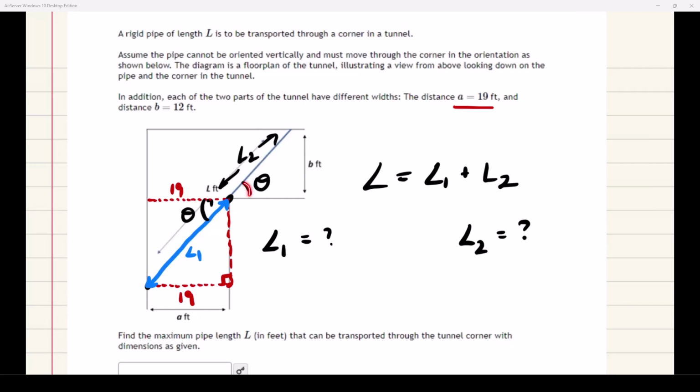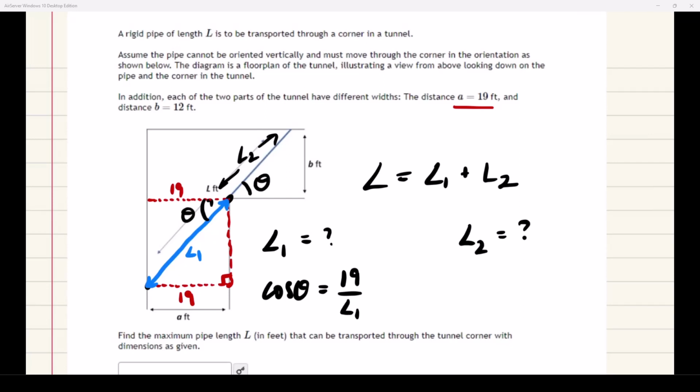Now this angle, those are vertical angles, they're equal. So I recognize that this is also theta, and because this is 19, I can use the cosine function. I could write the cosine of theta is the adjacent side, 19, over the length L1. And that's how I can solve for L1.